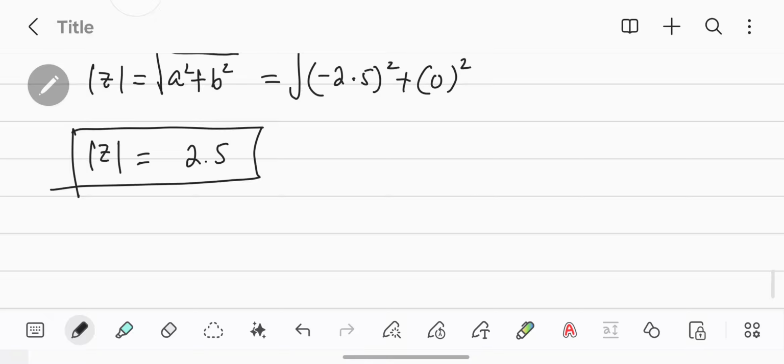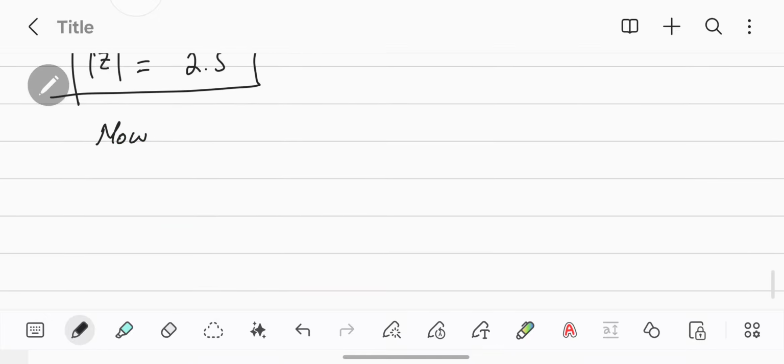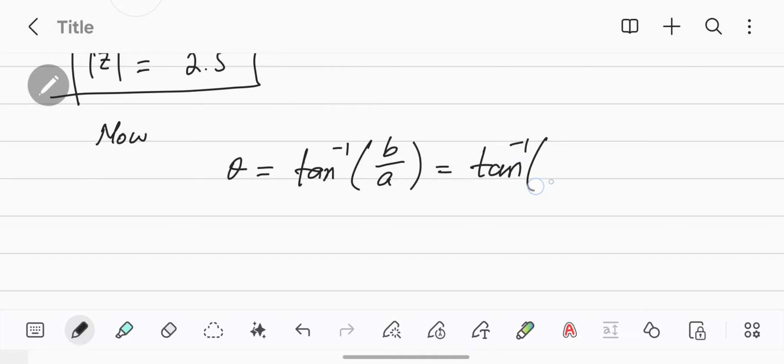Now we have to find the argument theta, which is equal to tangent inverse of b by a. My b is 0, and a is negative 2.5.